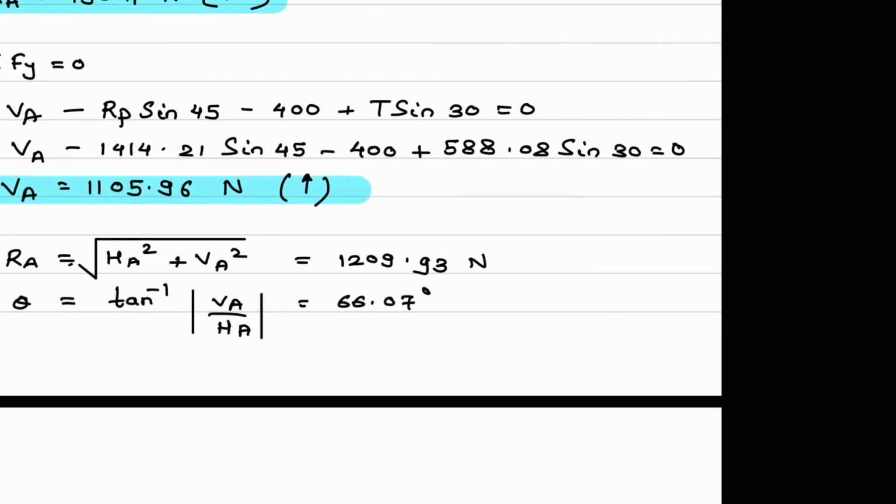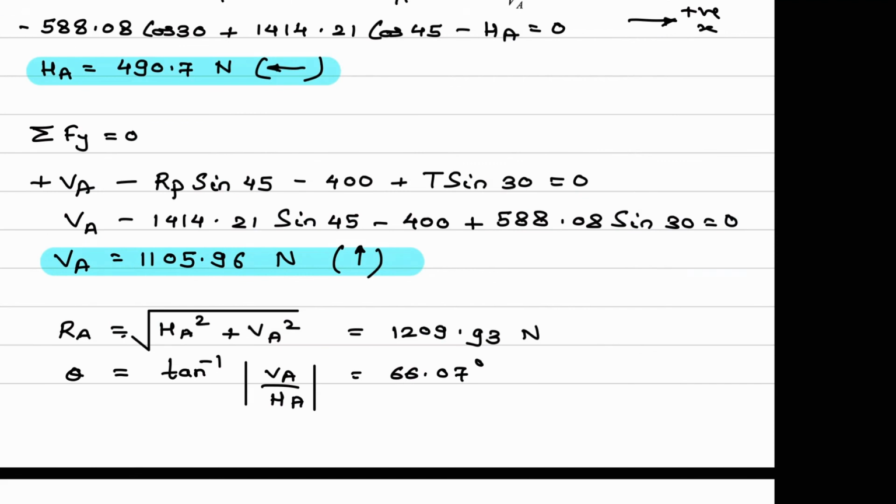So now I can show the diagram of R as well. What is the direction of HA? It is towards left and VA is in upward direction. So this is HA, and this is VA. Therefore, what will be the quadrant of the resultant?